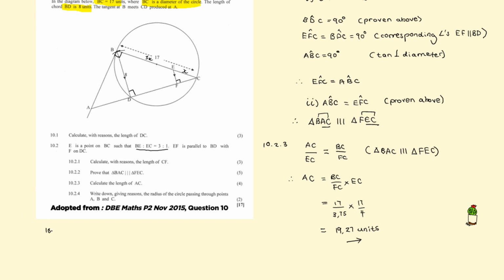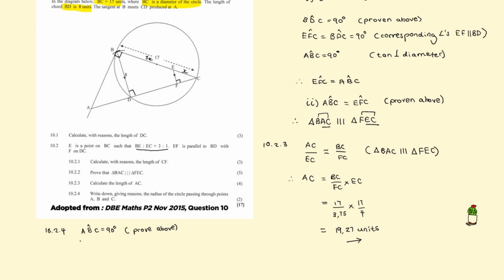So question 10.2.4, we can say that angle ABC is equal to 90 degrees, right? And we proved this above. Remember, we said it's because the tangent is perpendicular to the diameter, right?